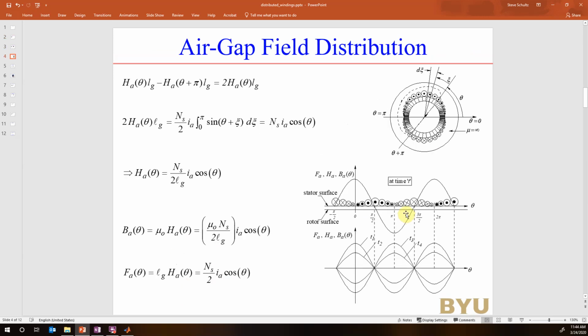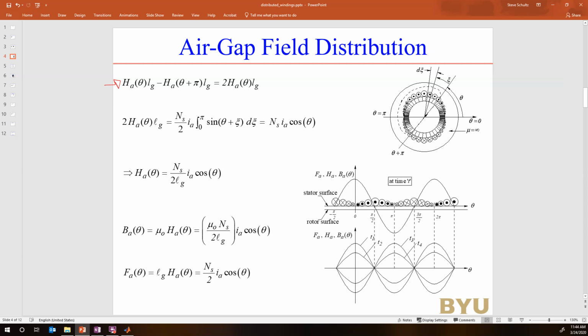Okay, so now that we have these sinusoidally varying wire windings, we want to actually measure our magnetic field. We're going to start up here with this equation using Ampere's law. With Ampere's law, we can do a contour loop integral around certain angles.